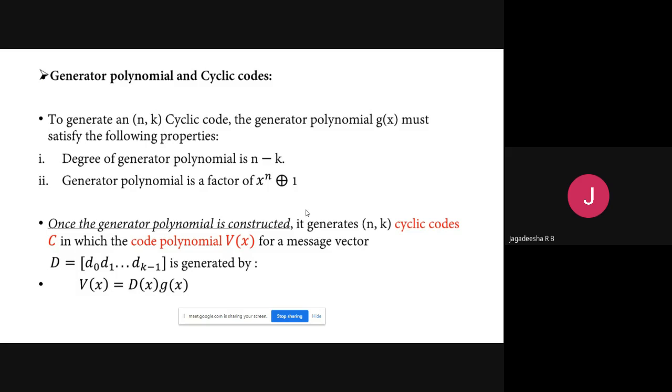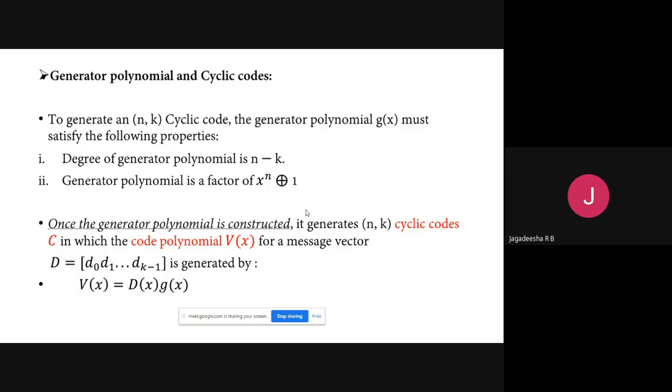So the code we generate, v(x), is nothing but the multiplication of d(x), which is the data bits. How many data bits do we have? k data bits, varying from 0 to k minus 1: d0, d1, d2, up to dk minus 1. That is represented as d(x) multiplied by g(x). What is g(x)? g(x) is the generator polynomial that we have just generated in the above step.